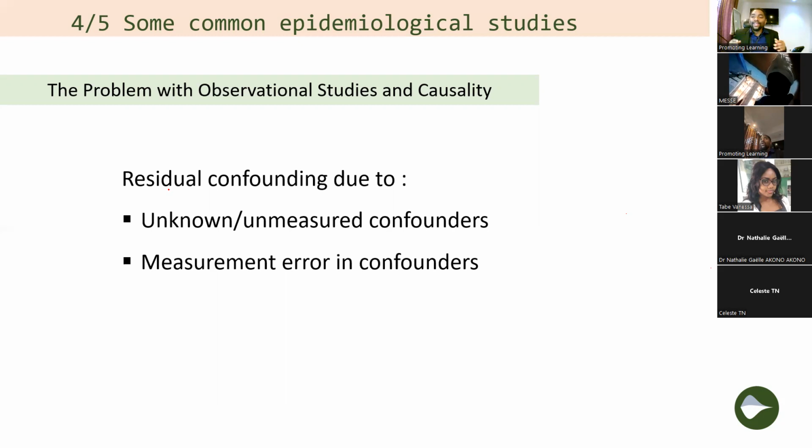We know that there are lots of things we don't know, and even the things that we know, sometimes we don't measure them well. It's very hard to have a perfect measure of confounding. Generally, measurement error in study designs is handled to avoid exposure and outcome measurement error.